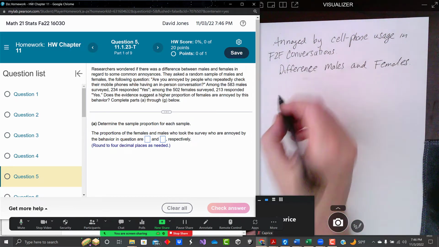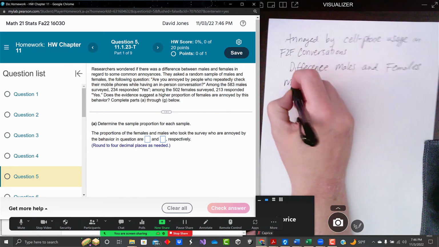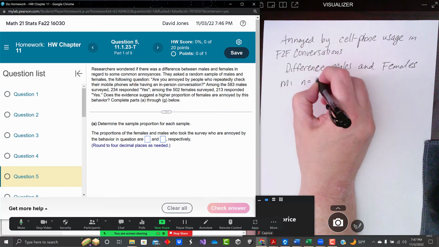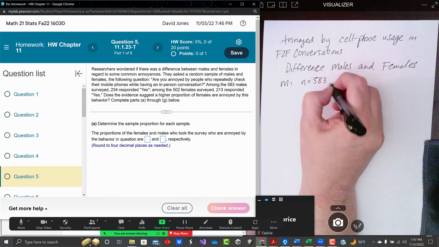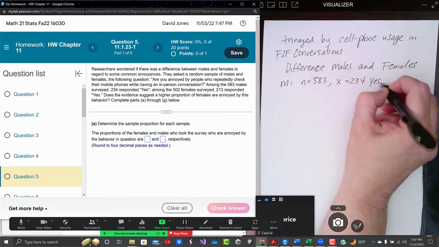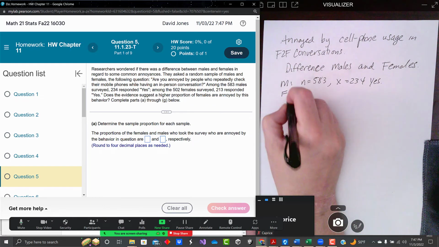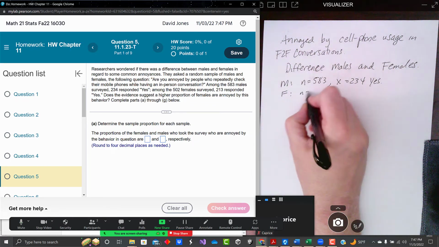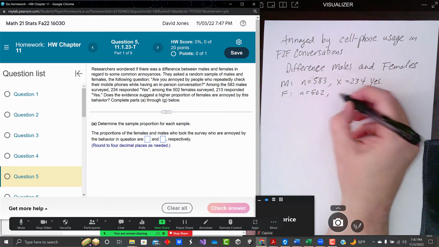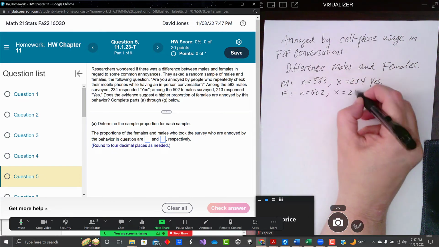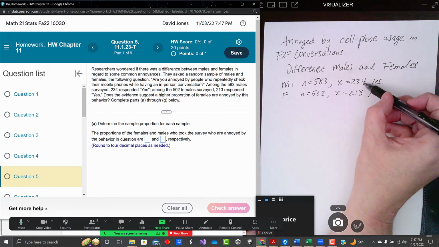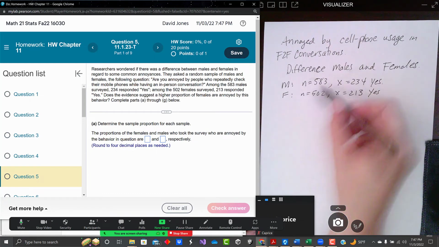So the males, 583 were asked. That sounds like an N. And 234 said yes. For females, 502 were asked, and 213 said yes. Now, the males got a higher number than the females, but it has also got a higher sample size.